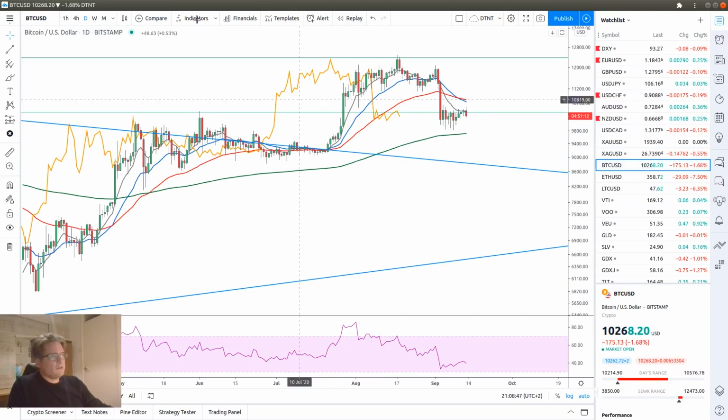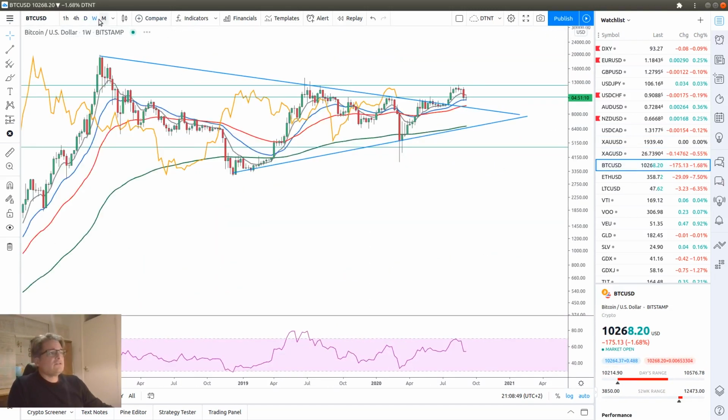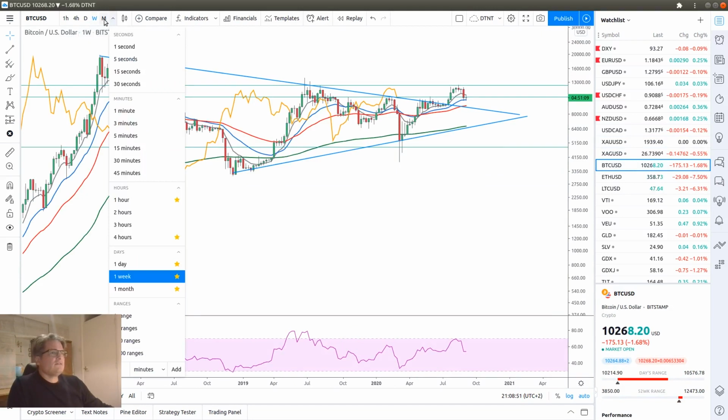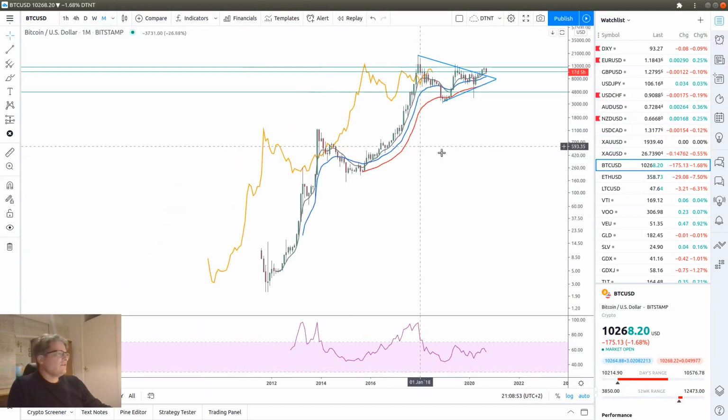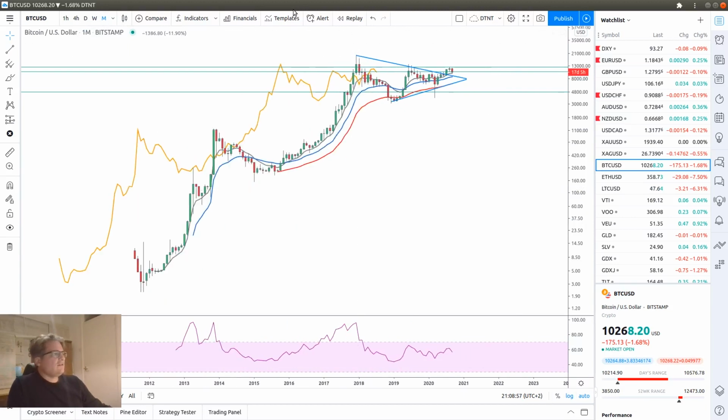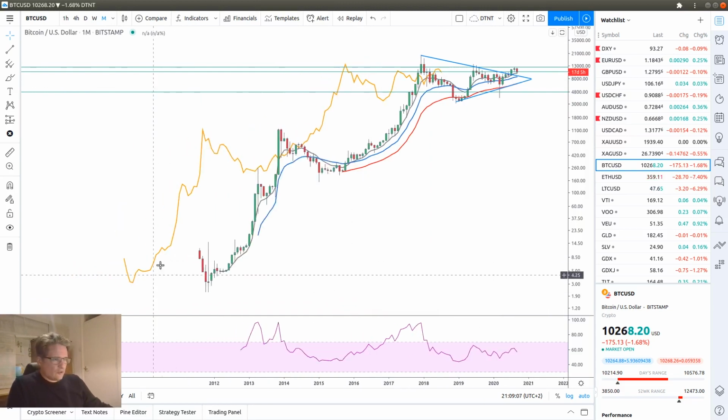So if you just quickly look at Bitcoin on the weekly, or actually the monthly, let me see, do we have it? Yeah, you can see clearly here we have this triangle consolidation pattern, breakout, triangle consolidation, and now we're going to have a breakout. If I had more history, we could probably, well, that's not true.